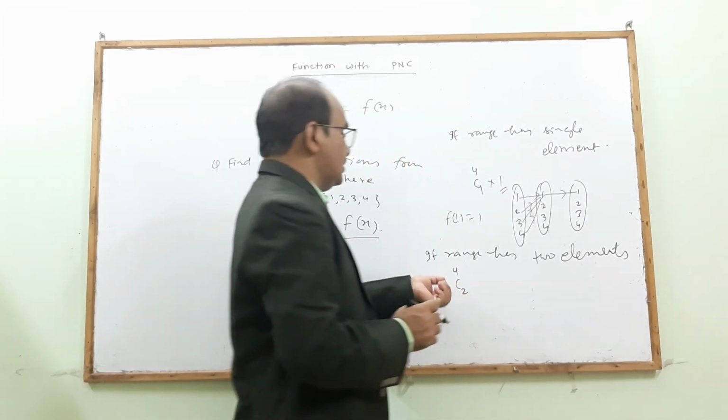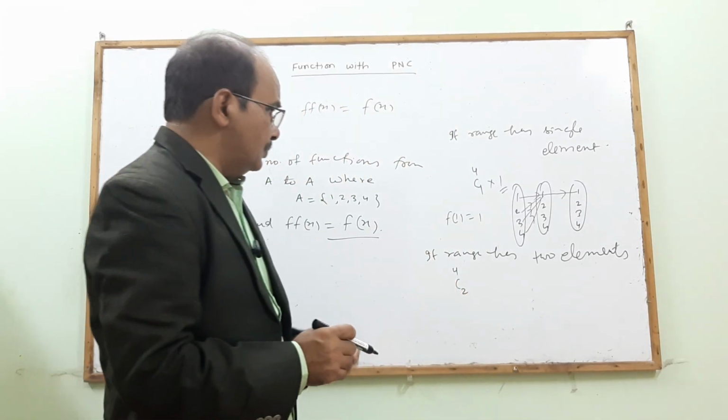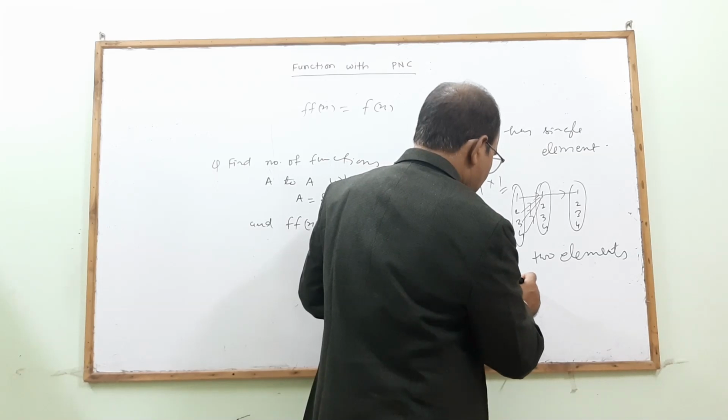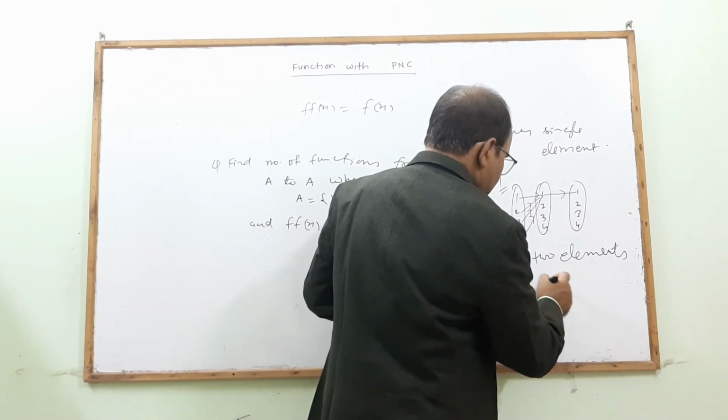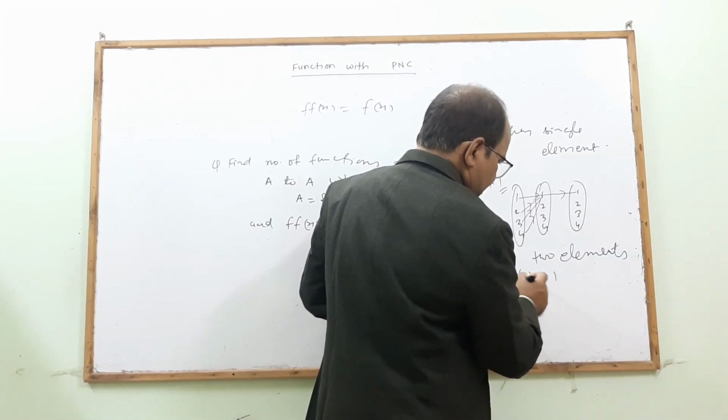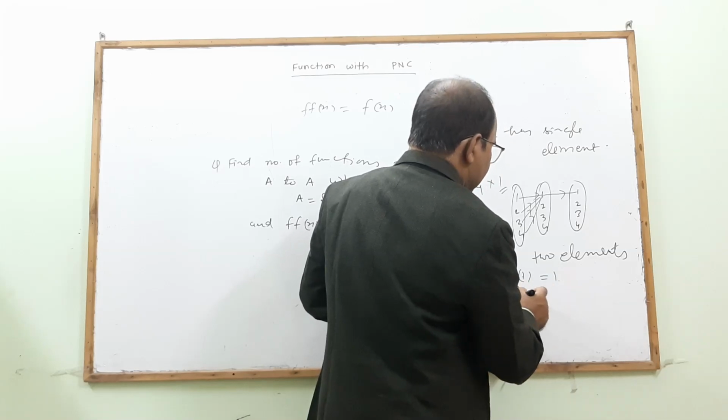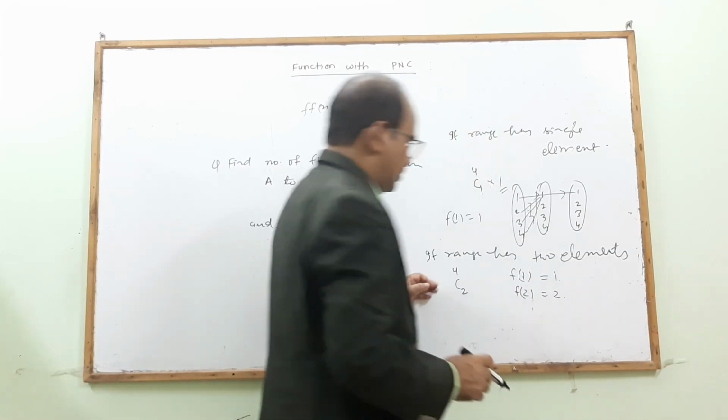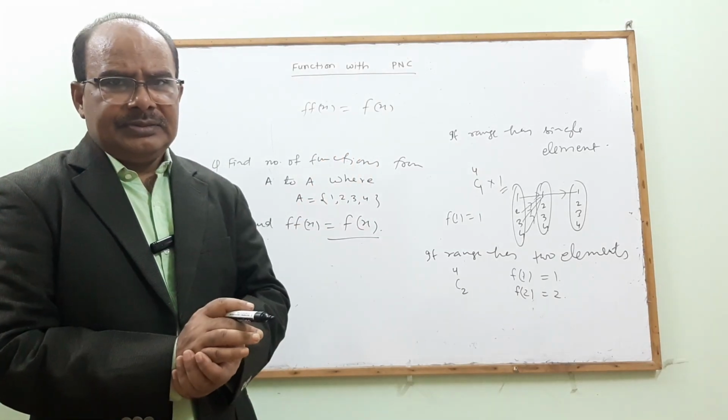Suppose we are taking 4C2. Two elements are selected, 1 is mapped to 1 and 2 is mapped to 2, these are mapped directly.